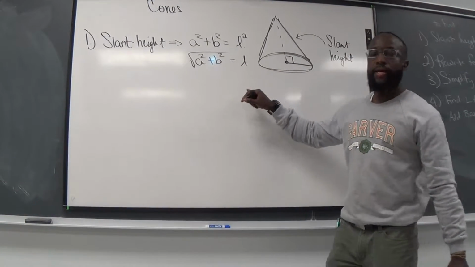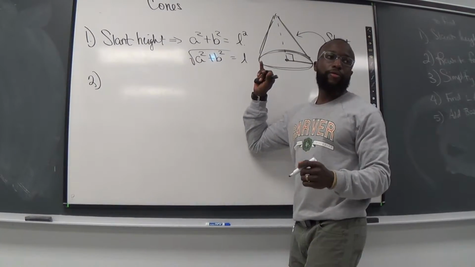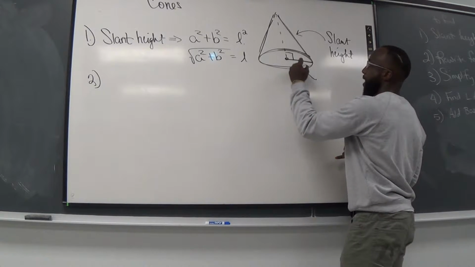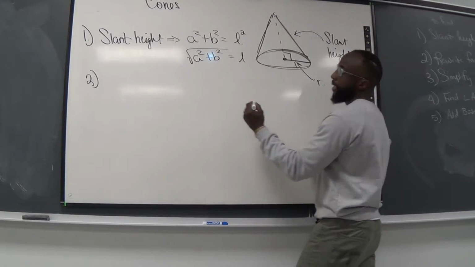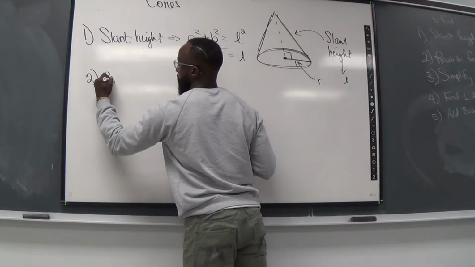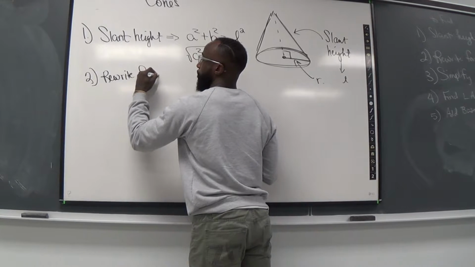After you find L, the second thing you want to do is rewrite and add the given information. You're going to have your radius, and you're going to have your slant height, which is L, into this formula. So you're going to rewrite the formula.